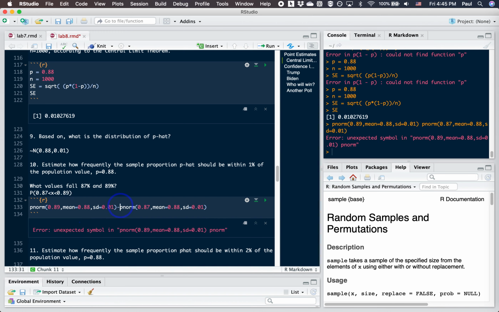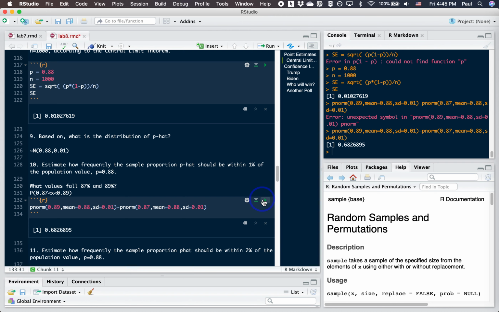And then we're looking at the difference, because we're looking at the difference between two lower tail probabilities. And so we get about 68%. So all this theory tells us is, if I want to know my margin of error for a sample proportion like this, 68% of my data falls within this range.